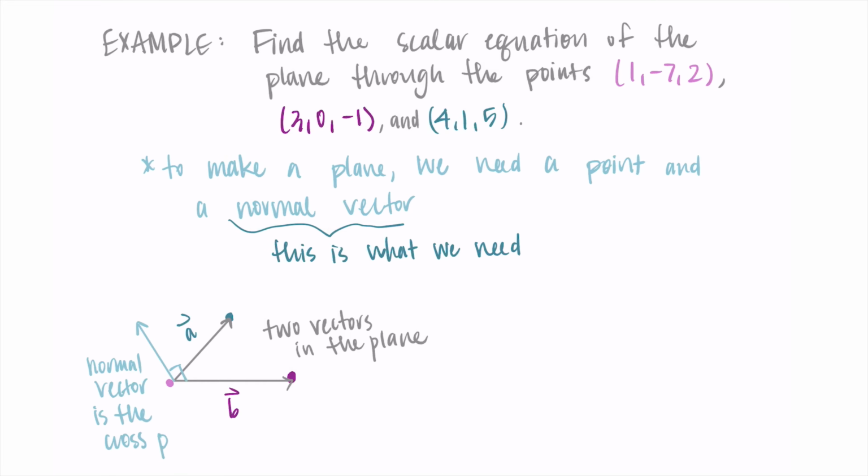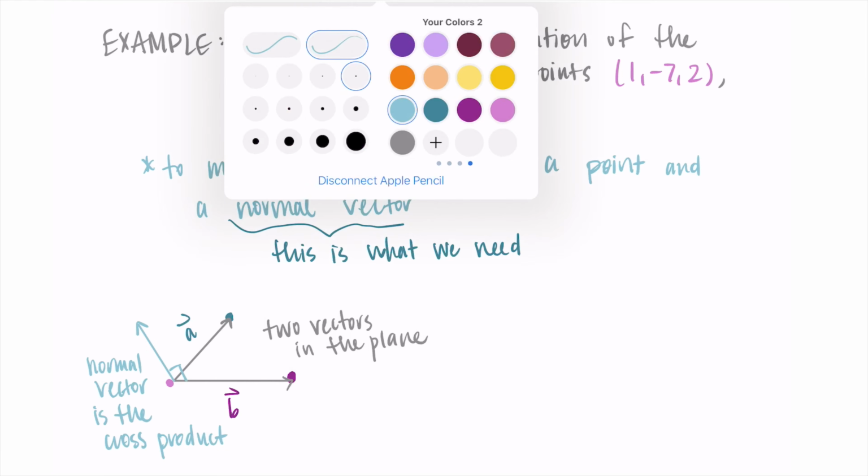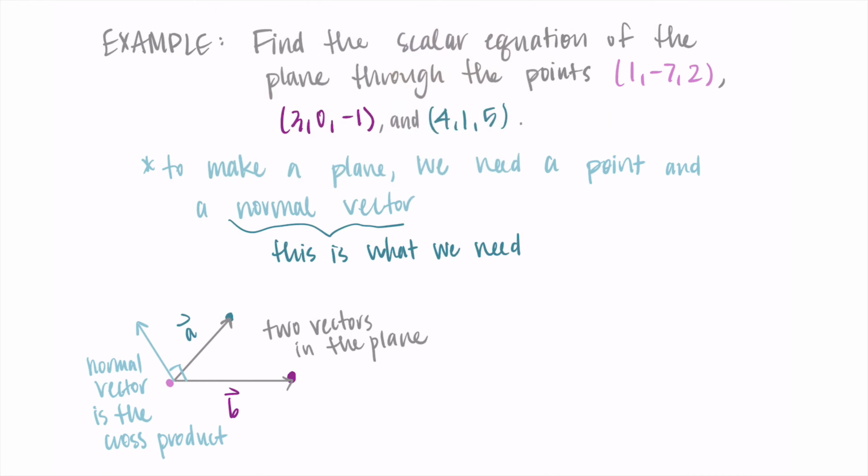Part of the reason why we like the cross product is it gives us these normal or orthogonal vectors. And so here we go. This is specifically going to use the cross product of A and B, A and B being vectors I made. So it's probably good just to note for yourself that we can choose whichever vectors we want going between the points. So you can choose which vectors to make with the 3 points.